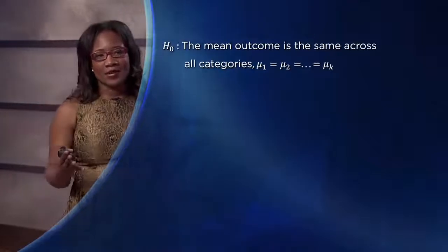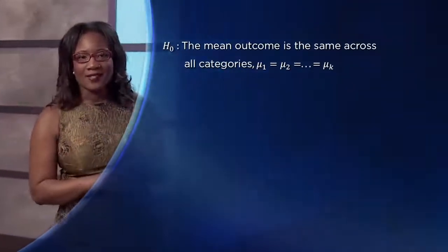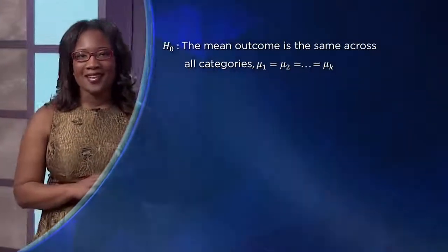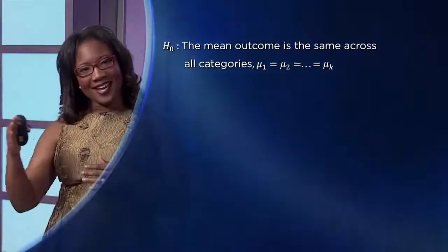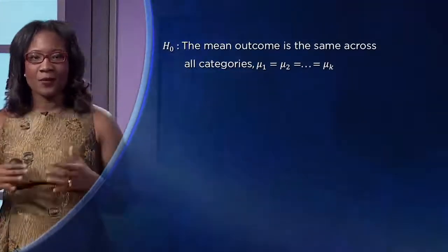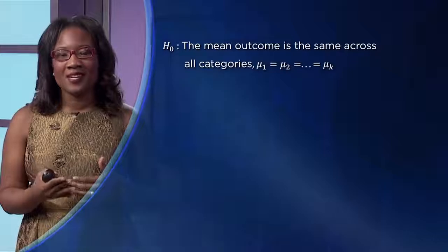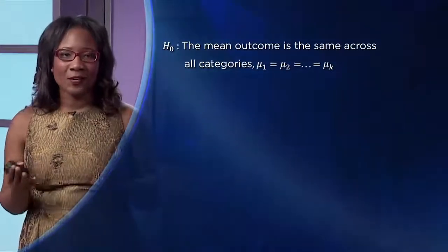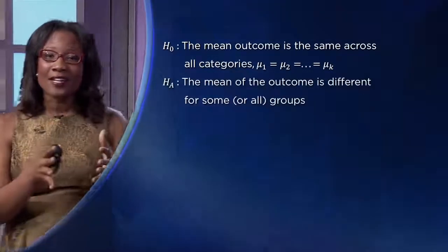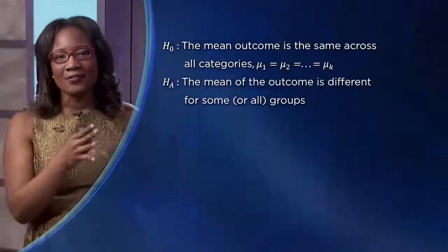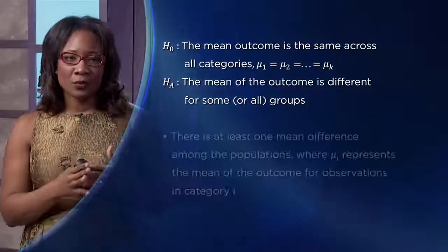Now here's how it works. Our null hypothesis is that the mean outcome is the same across every category. So mu1 is equal to mu2 is equal to mu k for all of our groups. The alternative is that the mean outcome is different for some or all of those groups.